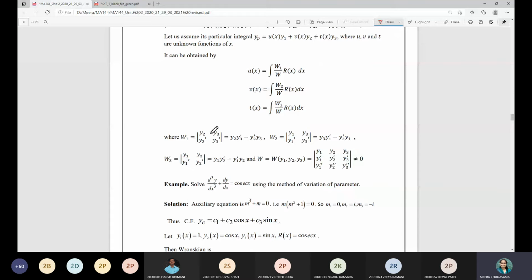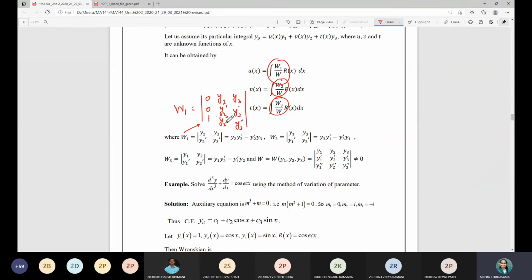Yeah, so here you can see for the third order, they have gone through this method in the notes, right? In which again they have solved W1, see W1 we are considering as 0, 0, 1, Y2, Y2 dash, Y2 double dash, Y3, Y3 dash, Y3 double dash.